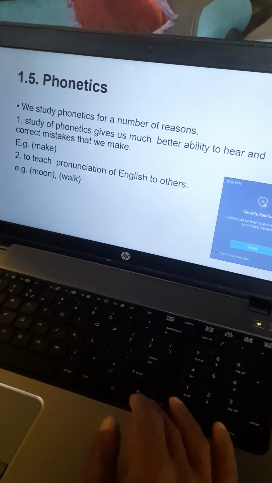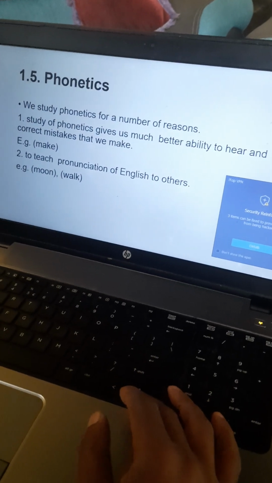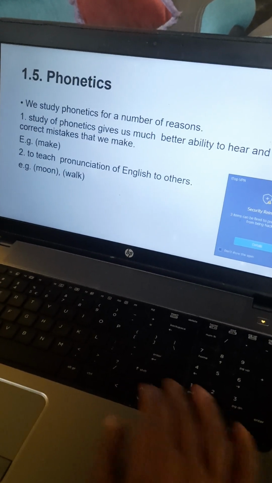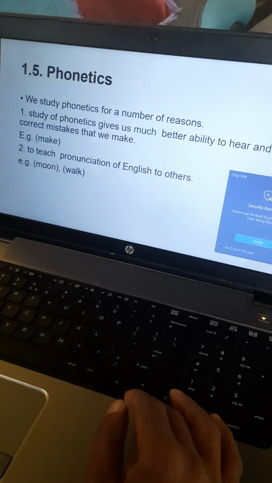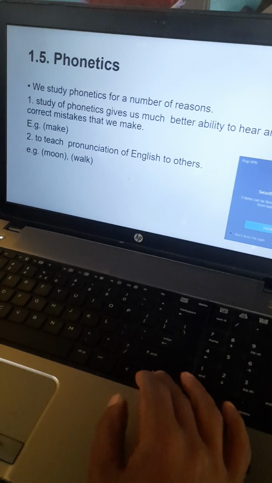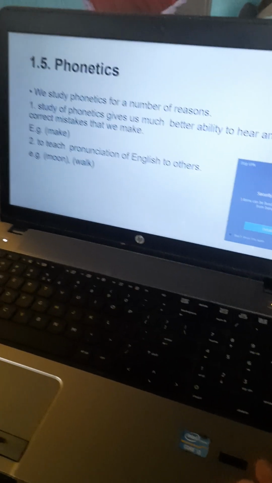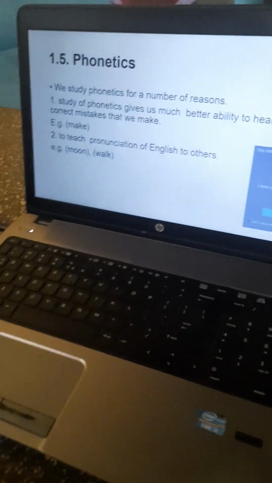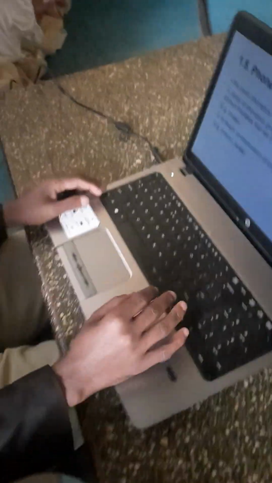And the other importance of learning phonetics is it helps you to know pronunciation and to teach pronunciation to other people. You can teach pronunciation, you can learn pronunciation. You can correct the mistakes and you can correct your pronunciation.